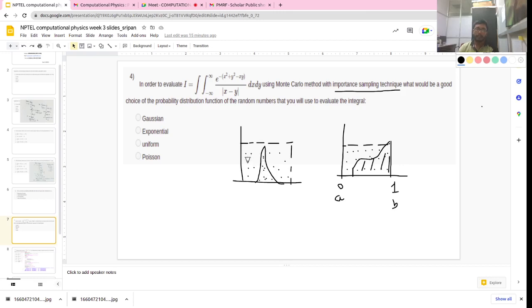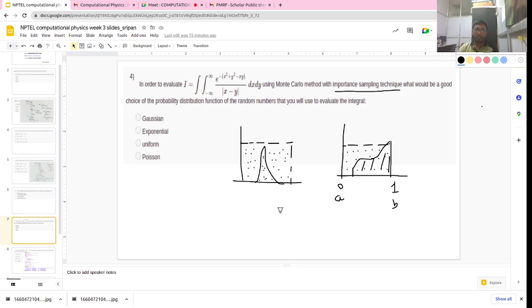The sampling of random numbers outside this profile will not contribute towards the integration, and the value of the integration will deviate very much from the exact value for this kind of profile. Let's say this is a Gaussian kind of profile.